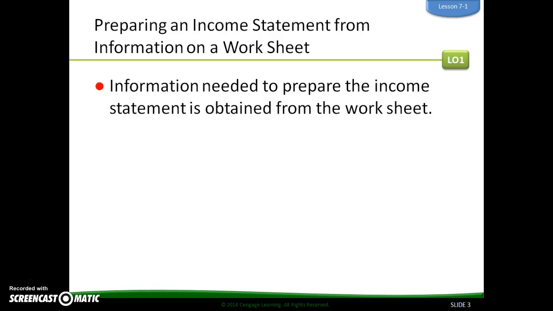The data that we need to prepare our income statement, we already calculated all that data. It's right on the worksheet we just finished preparing in the last chapter.